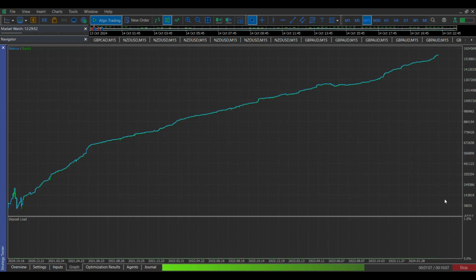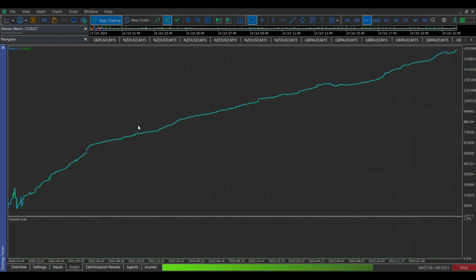So if we increase the lot size of the account after a year, as you can see, 2020 started, and we have made a good amount of profit here. So after 1 year of trading, you can increase the lot size here.